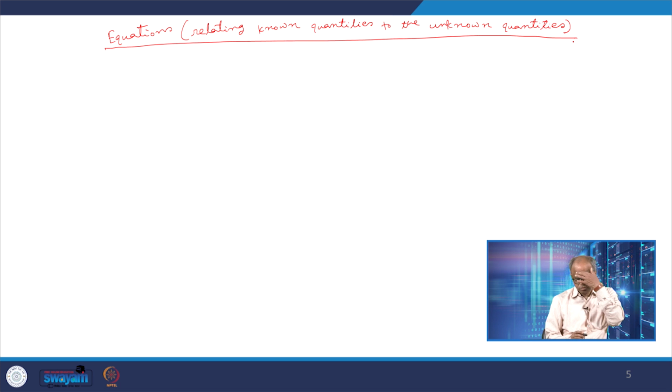So now to do that, let us first recapitulate the expression for IIP. This is a complex quantity.